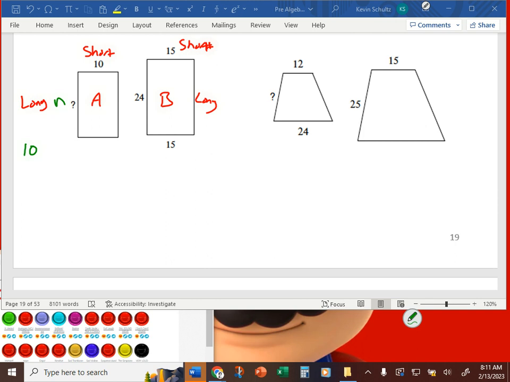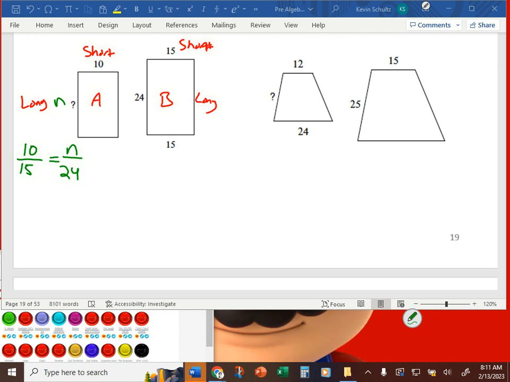So short A over short B would be 10 over 15. And then our second fraction would be long A over long B, right? Short A over short B equals long A over long B. And that would be the long of A is 10 and the long of B is 24. Right?